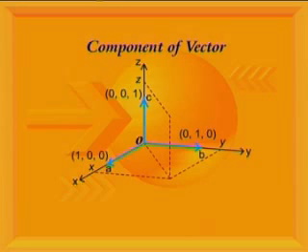So these are the unit vectors along these axes. We denote them by i, j, and k respectively.